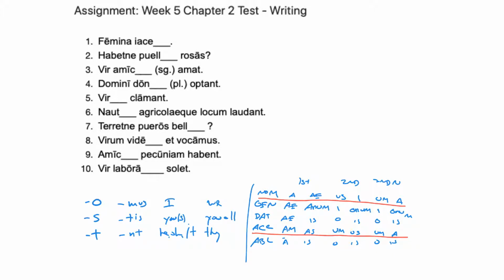All right, so for number 2, habetne, the first word, that is our verb. And then your next word is a noun with the blank, obviously, so we need a noun ending. Now you've got rosas, which is another noun. That is an accusative noun. Remember that accusative is used for the direct object. If we have an accusative, then there's a very good chance, and in fact in this case it is, that puella is going to be the subject, the nominative.